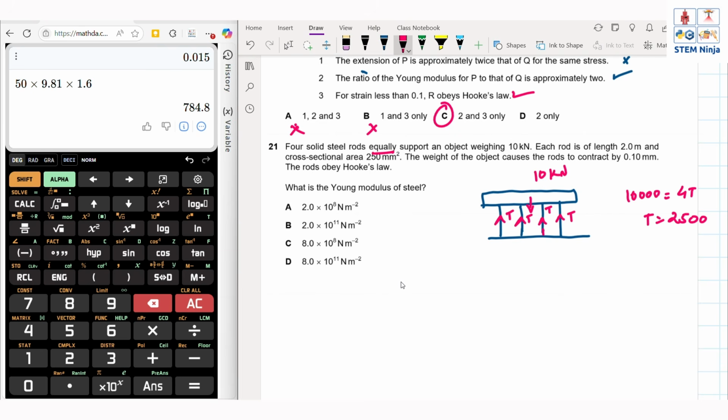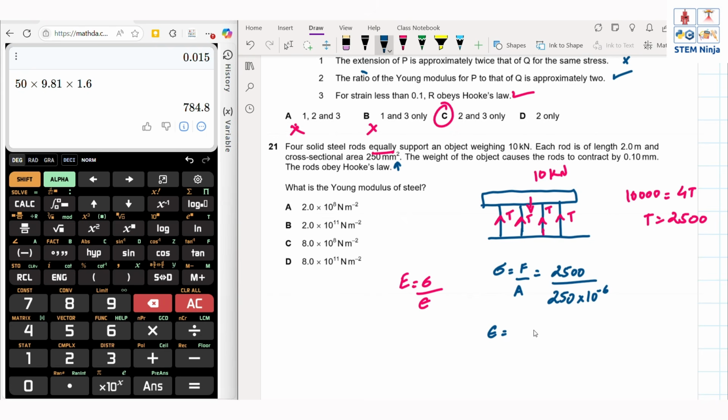So now this is the force or the load exerted on one rod. We know that Young modulus is stress over strain, so we can find them individually. Stress is force over area. Force is 2500 newtons divided by the cross-sectional area, which when we convert into meter squared is 250 times 10 raised to power minus 6.